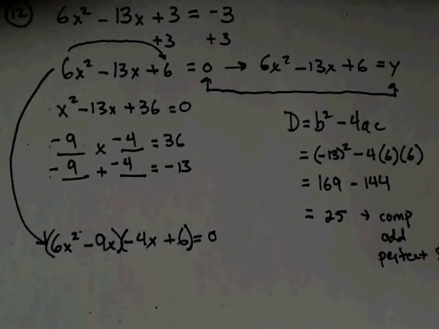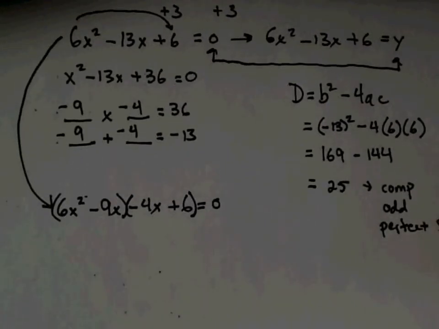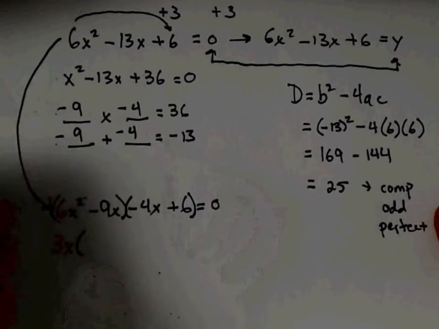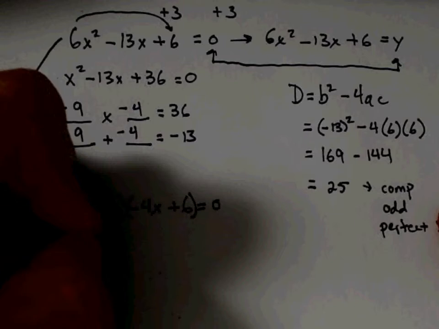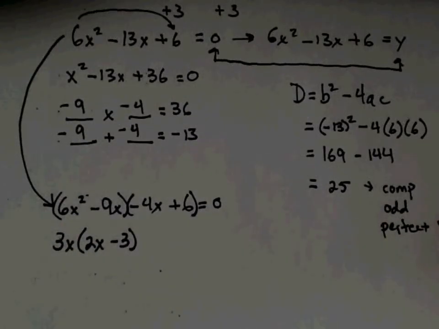We can group it because it's even terms. What's the GCF inside of 6x and 9x? 3. Almost. 3x. There you go. Okay? And so therefore I'm left with 2x minus 3. Is that correct? Yes. All right, so that tells me what I need to factor out of the next one. 2.